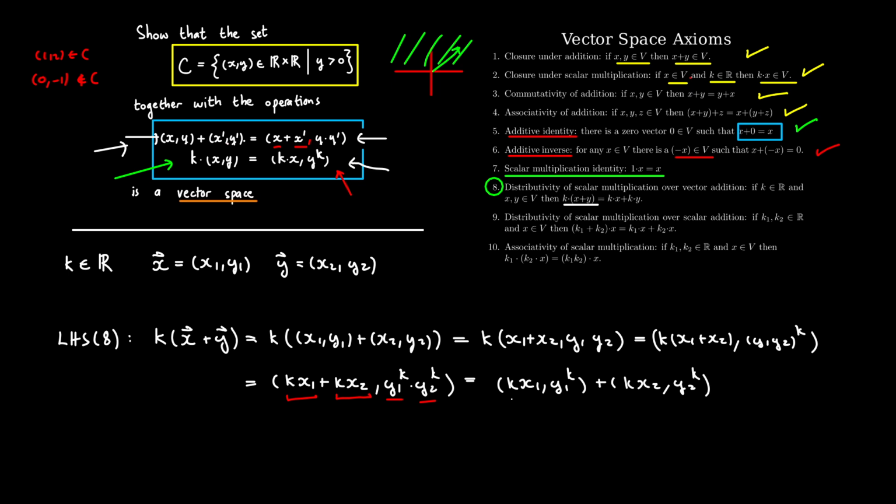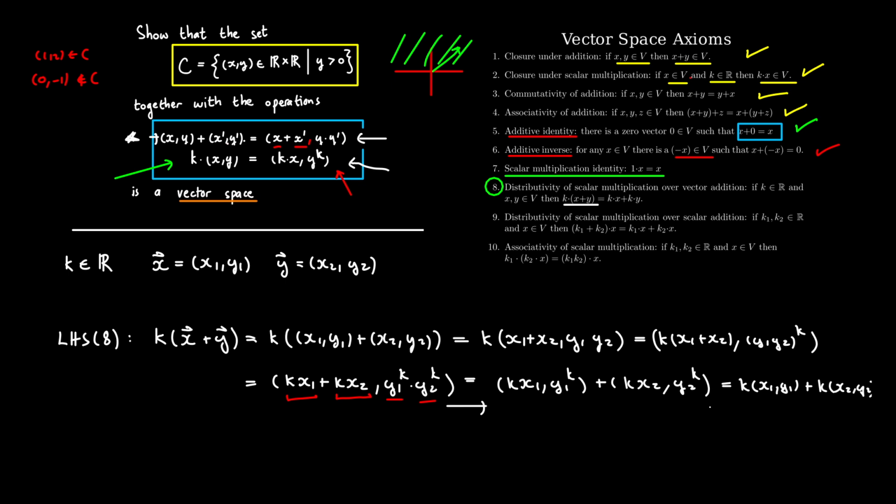Now again, I can simplify this to say that this is just k times x1, y1 plus k times x2, comma y2. And again, how did I do this? From here to here, I used this first definition here.